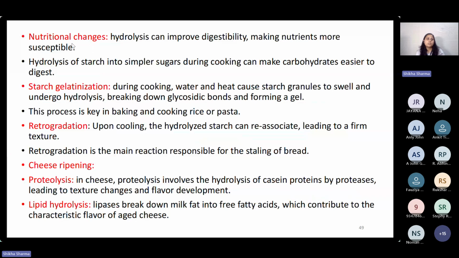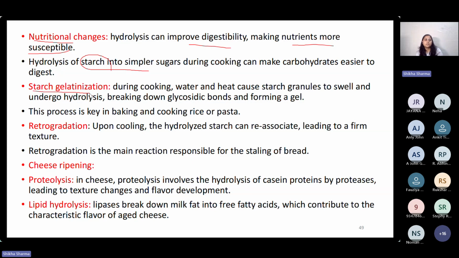This hydrolysis process also affects the nutritional content, so it can improve the digestibility and make the nutrients more available, because it converts the starch into simple sugars, which are easily digestible.